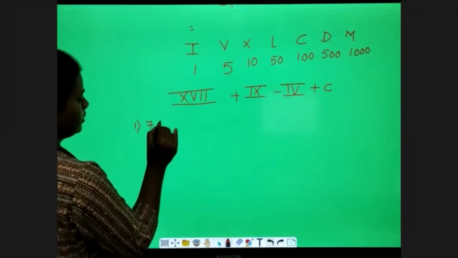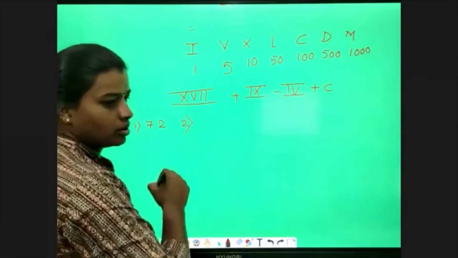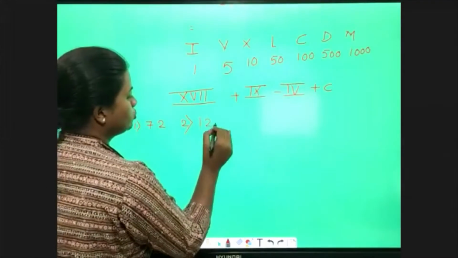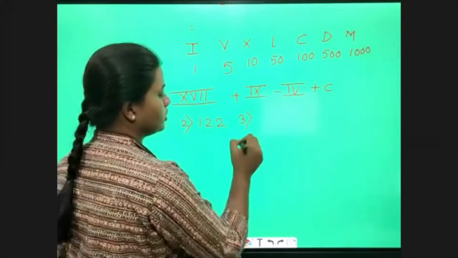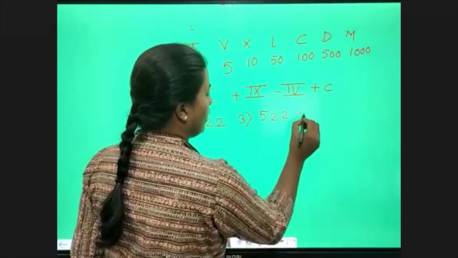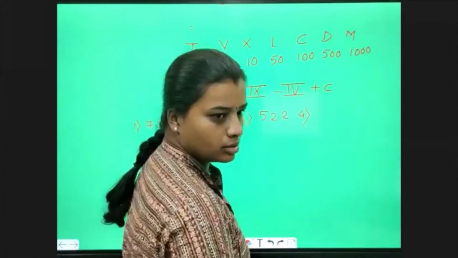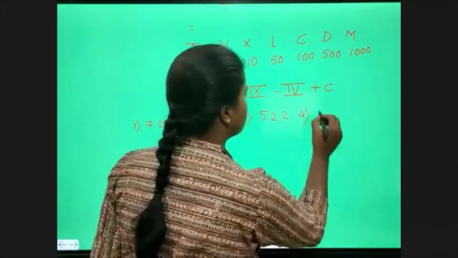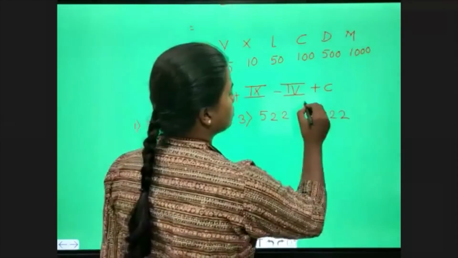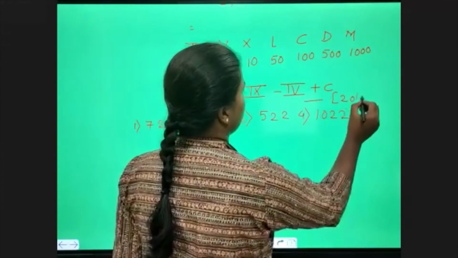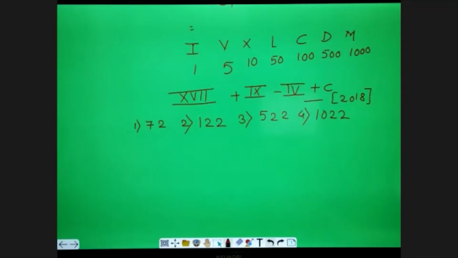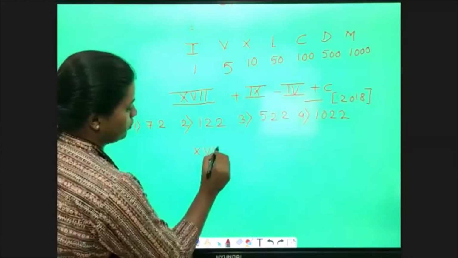The options are 72, 122, third is 522, and fourth one is 1022. Let me tell you that this question was asked in 2018. Okay, solve. You have to solve.